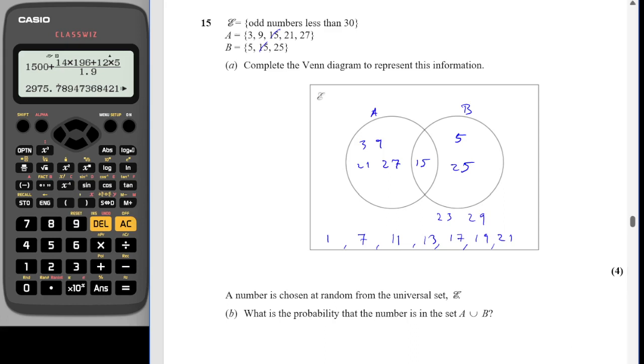So just looking at it, I've put 21 in twice, so I'm just going to get rid of that.